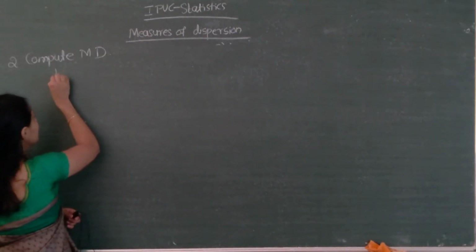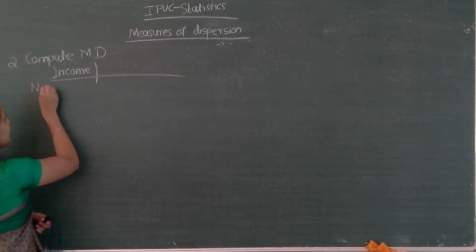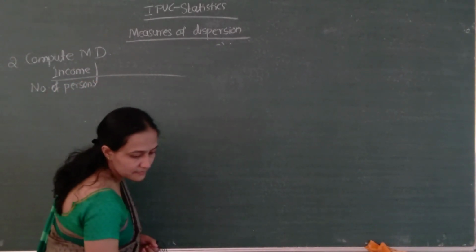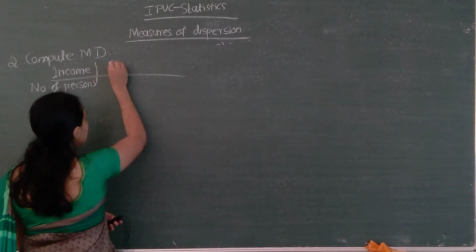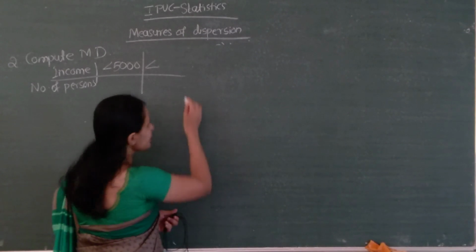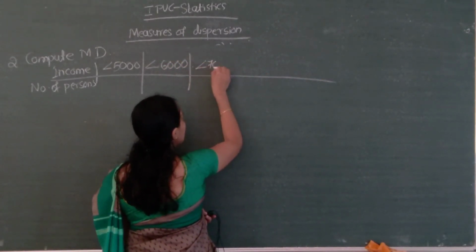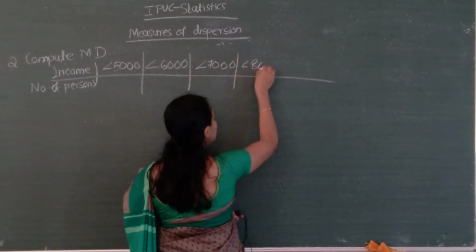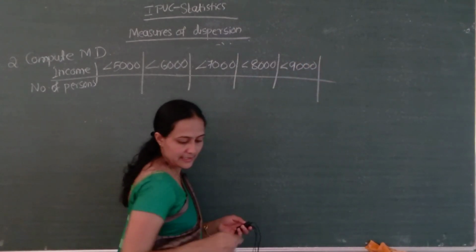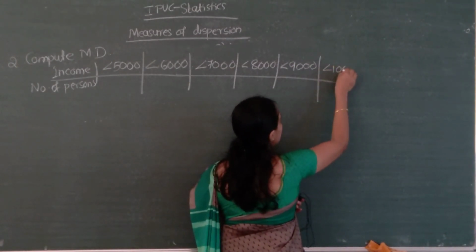Monthly income and number of persons. Monthly income: less than 5,000, less than 6,000, less than 7,000, less than 8,000, less than 9,000, next less than 10,000.